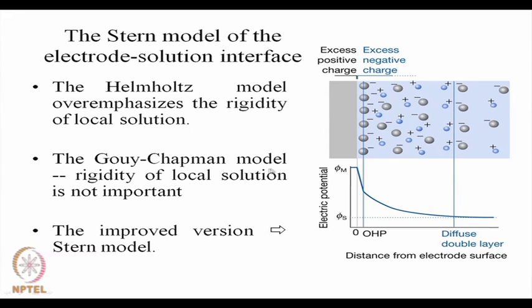For the Gouy-Chapman model the rigidity is not that important, and the improved version is your Stern model, as I talked about. So, here it is decreasing almost linearly and then exponentially up to the diffuse layer. So, this is what the Stern model talks about.